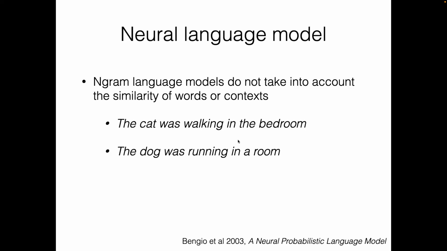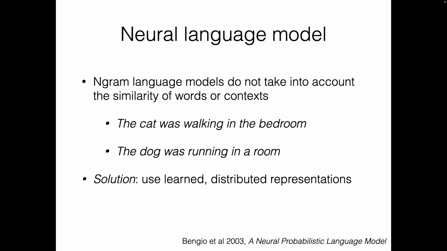So that's one of the key ideas, or the intuition or motivation, for the neural language model. And the solution will be to use these learned distributed representations, the continuous representations that I introduced in the last class.